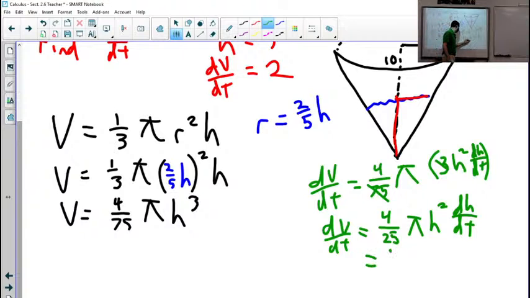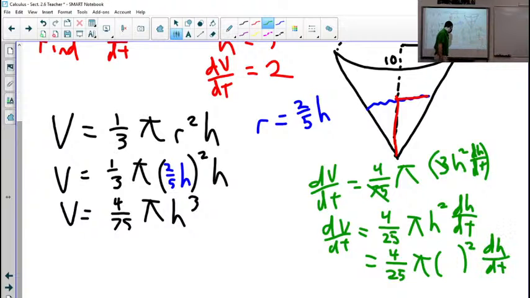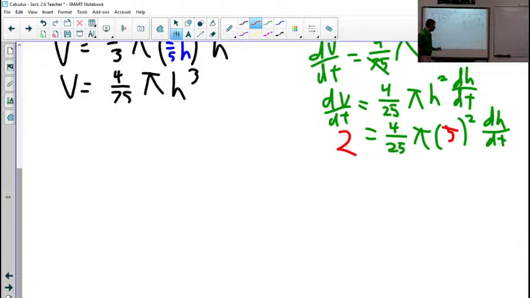So we're going to be plugging in to solve. Remember, we're solving for dh/dt. So dh/dt is going to be the only thing we're not plugging in. We know dV/dt. dV/dt is 2. We know h is 5. And then we can solve from there.